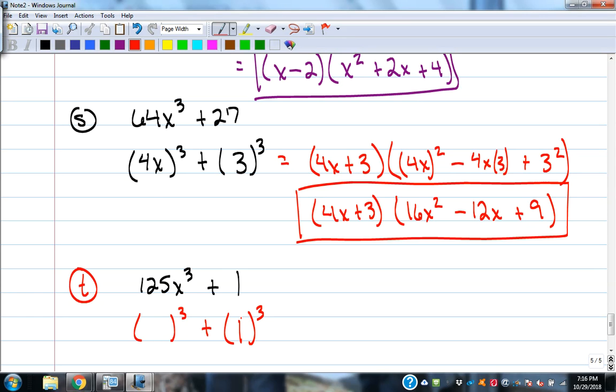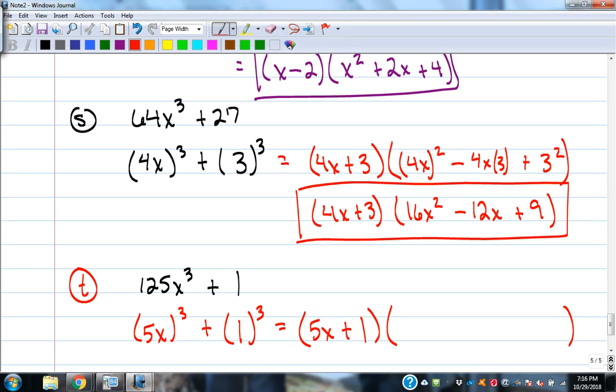That one's easy. 1. 5 times 5 is 25. 5 quarters, it's $1.25, so that's 125. So that's how I know that's 5x. Short piece, what's the short piece? 5x plus 1.